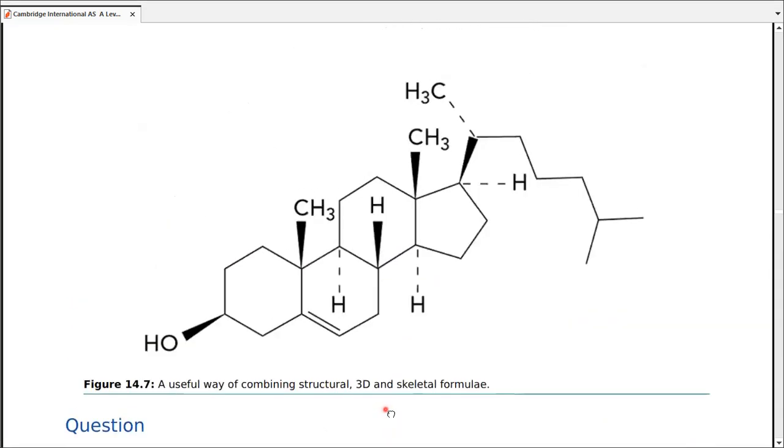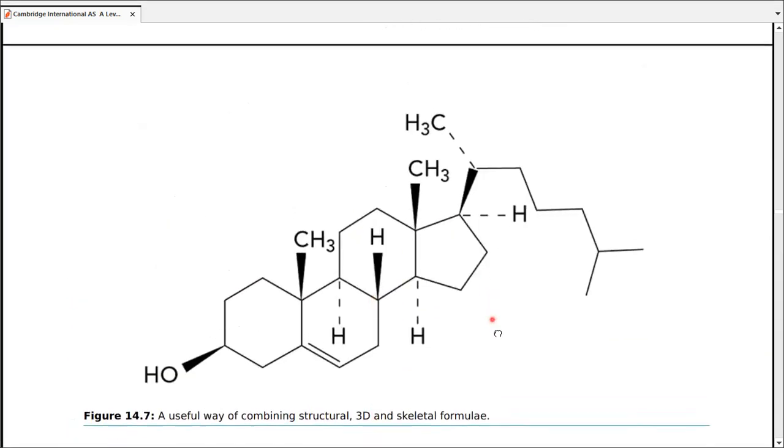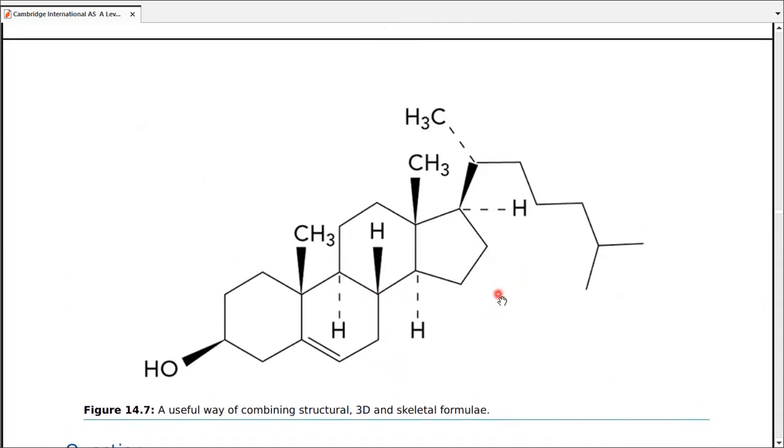So I hope this gives you a very good idea. And I hope if you see a question like this, you can write its molecular formula. You can count the number of atoms. Now, remember, every bend in a line, every twist, every corner is considered a carbon atom. So let me clarify, when I write these, this is a carbon atom, these are all carbon atoms.